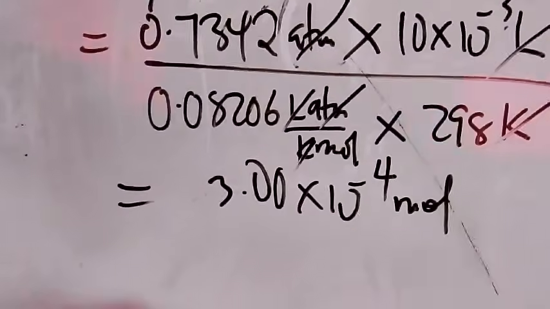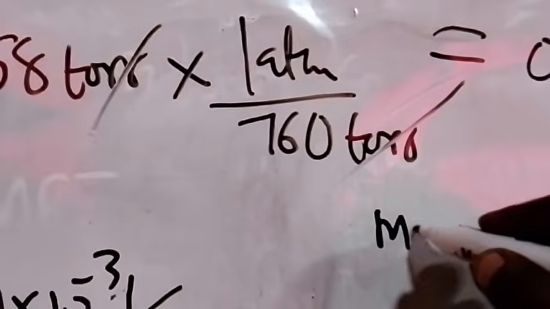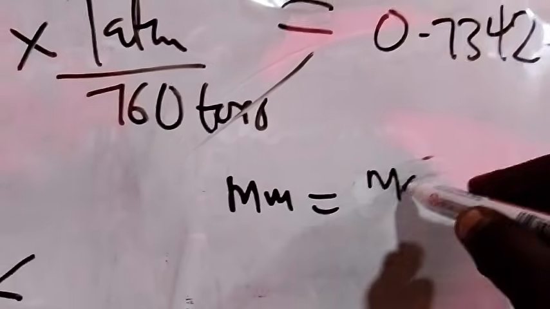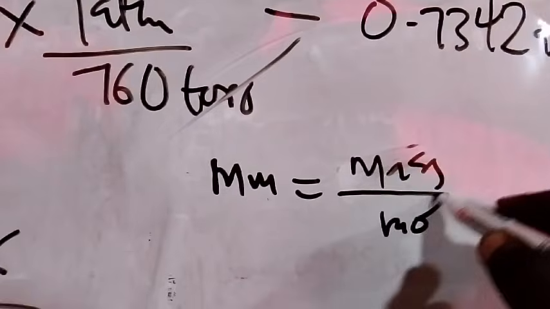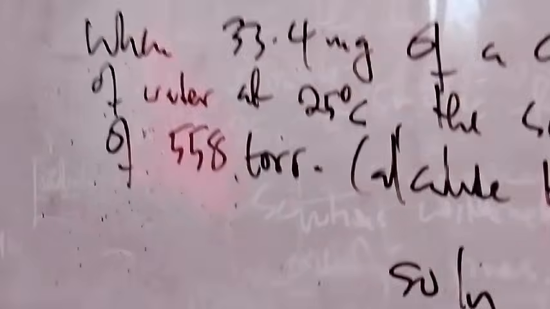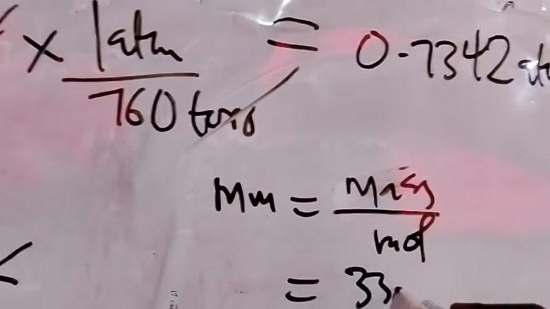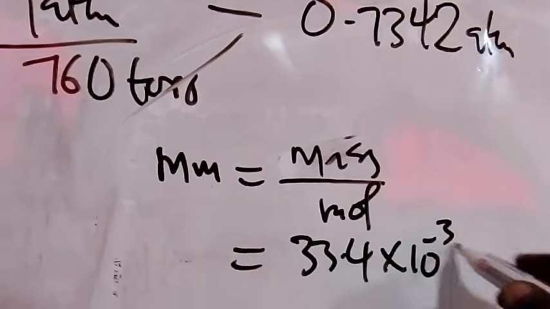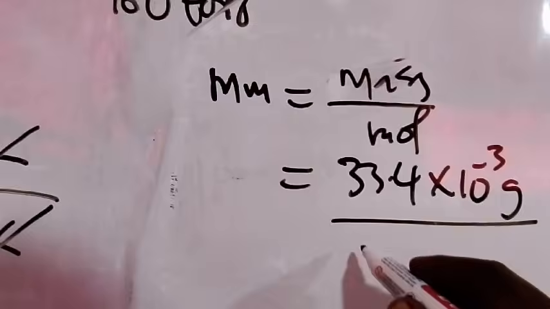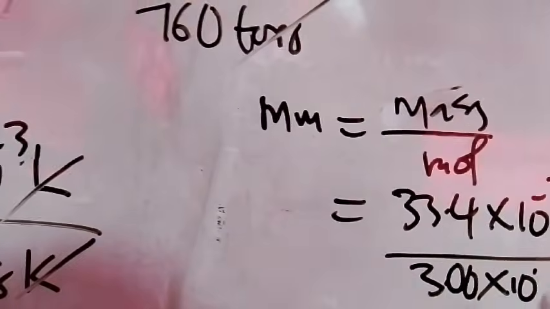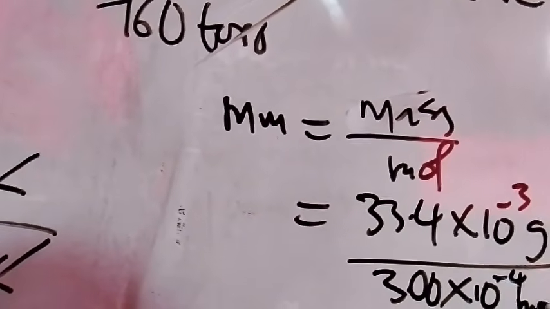Now we want to calculate the molar mass. Molar mass is equal to mass over moles. The mass is 33.4 milligrams, which is 33.4 times 10 to the power negative 3 grams, over the moles we calculated, 3.00 times 10 to the power negative 4 moles.